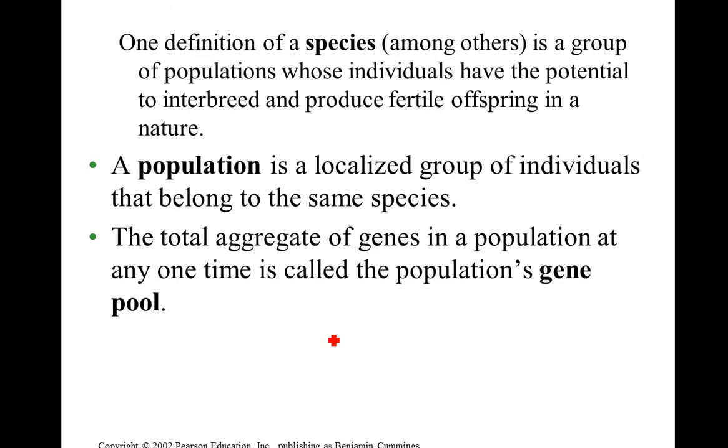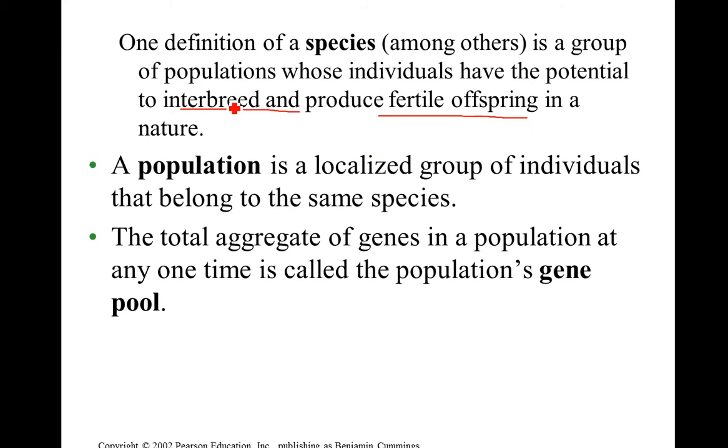So this is a continuation of the definition. What I do with this is I want my students to recognize certain aspects of it. One definition is that a species is a group of organisms whose individuals have the potential to interbreed and produce fertile offspring. So we go through this and underline these two things. That's the key thing.